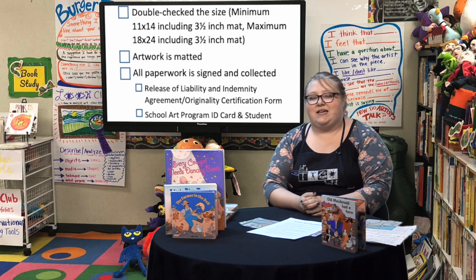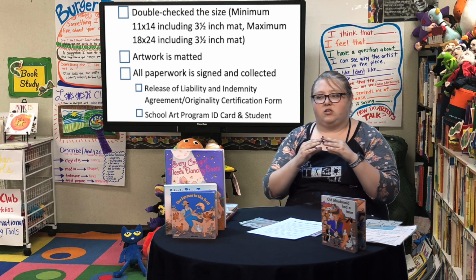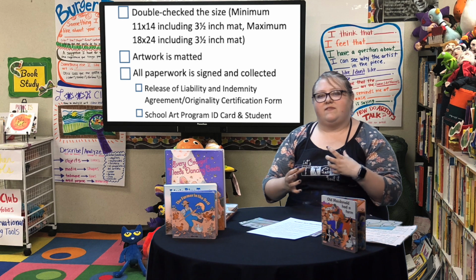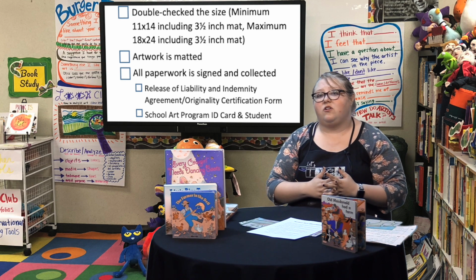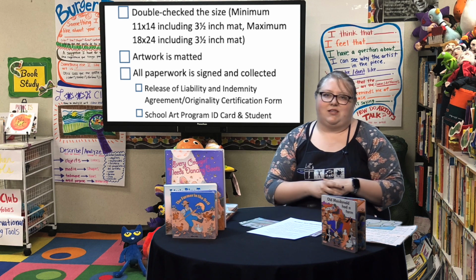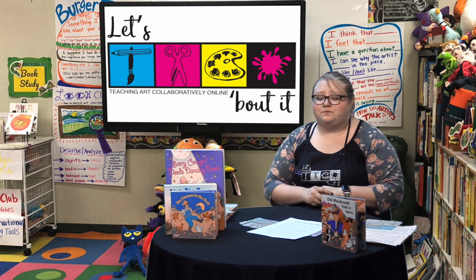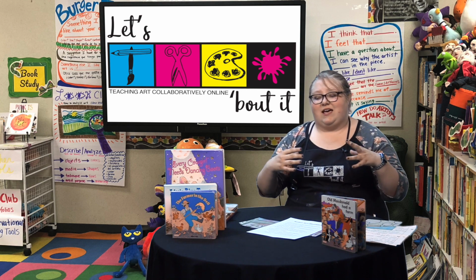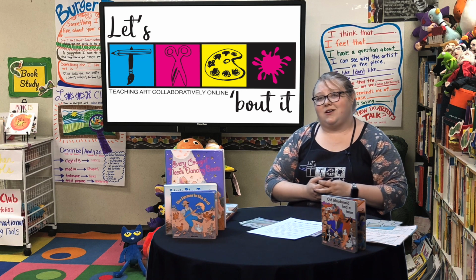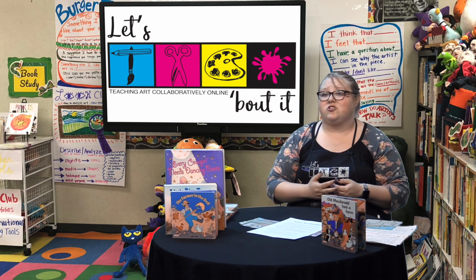That is where you're writing about your title, and you're getting all of that information so that if that student were to win and move on to the next level of competition, we have all that information already. So those are some very quick, basic things to think about when doing rodeo art in your classroom.